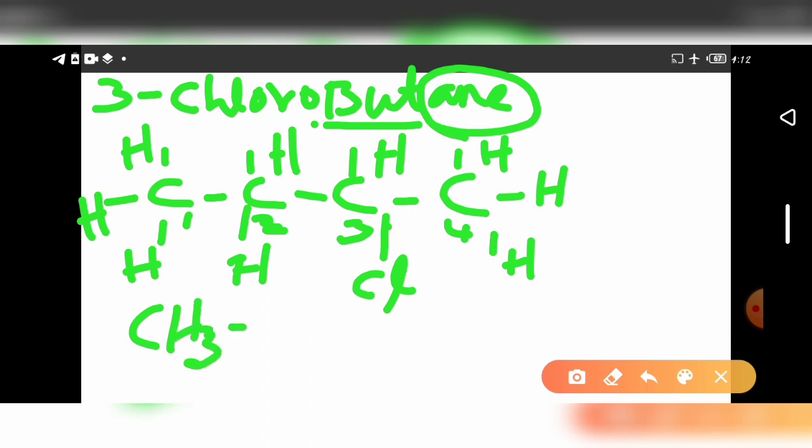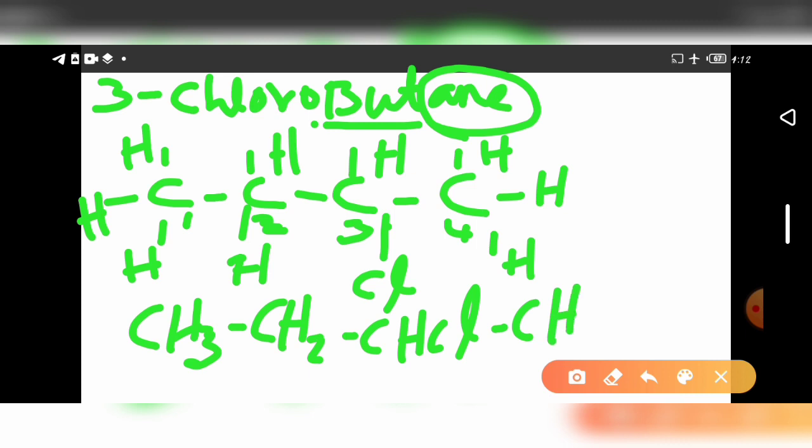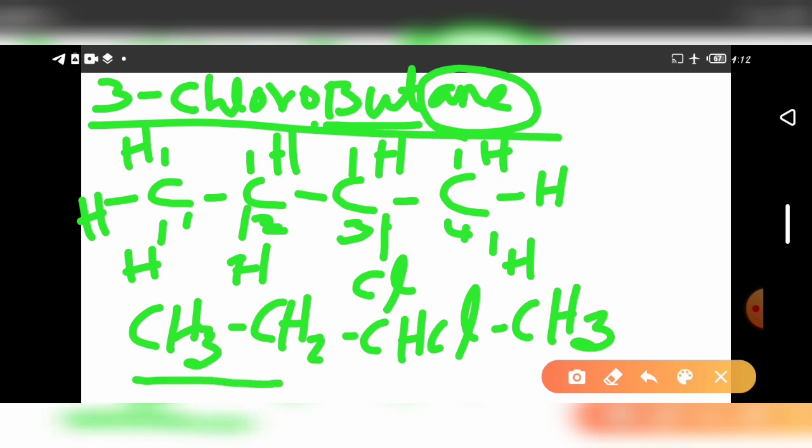Next you put a bond and this carbon contains 2 hydrogen, so CH2. Next one CHCl. Next this is CH3. So the formula of 3-chlorobutane is CH3, CH2, CHCl and CH3.